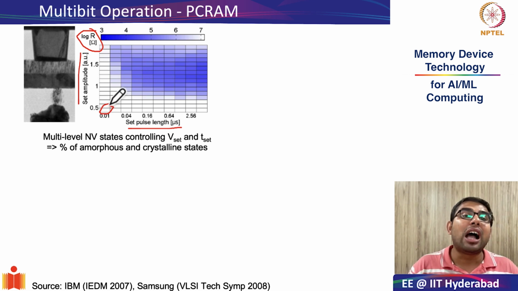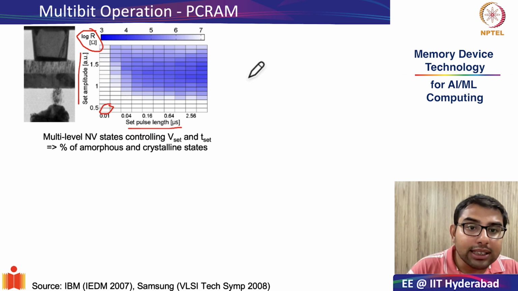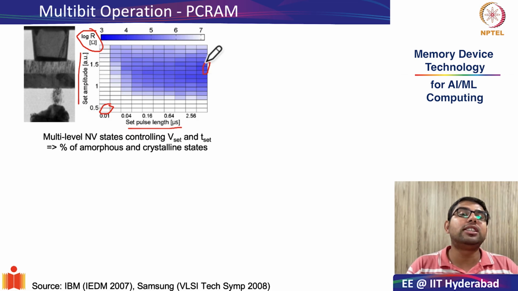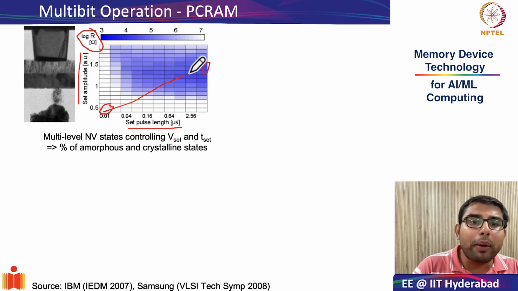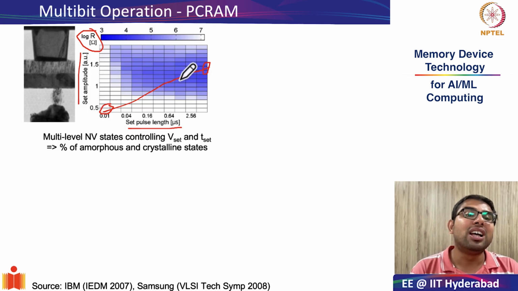So this is completely amorphous, whereas this is very low resistance. So this is completely crystalline. So between high resistance, which is roughly 10 to the power of 7 to 10 to the power of 3, by controlling different values of the set pulse amplitude and length, you are able to traverse almost 4 orders of magnitude.